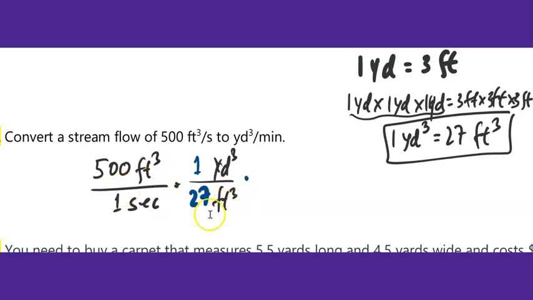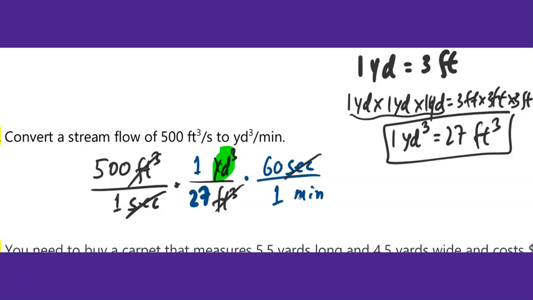Now you see that cubic feet cancel. I get the answer in cubic yard in the top, but in the denominator there are seconds. I have to change to minutes, but I know that 60 seconds equals 1 minute. So I put minutes in the denominator. That's what I want. By doing so, you cancel second with second, feet cube with feet cube.